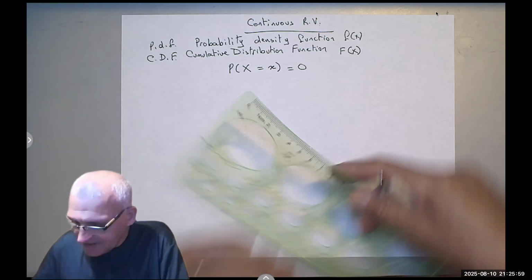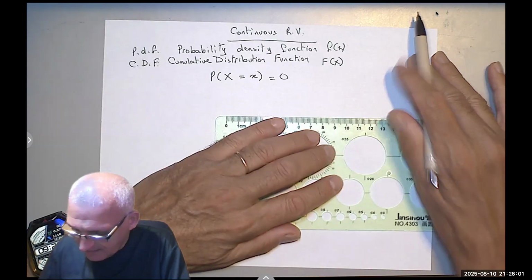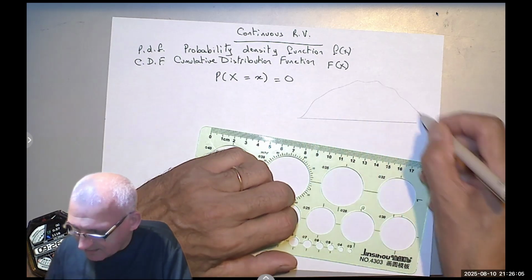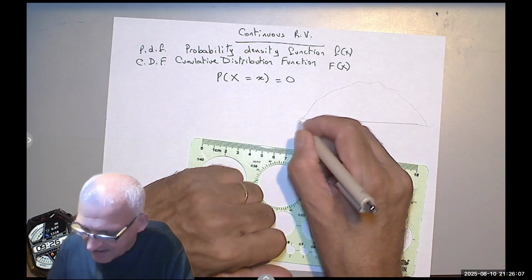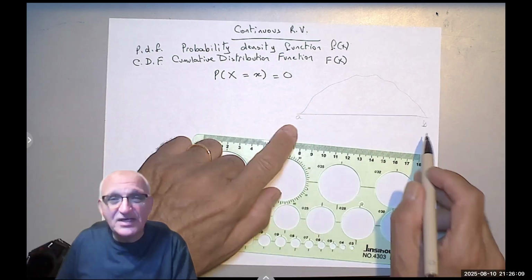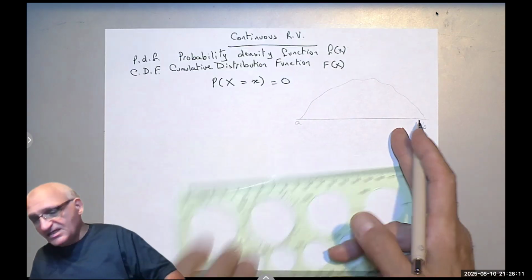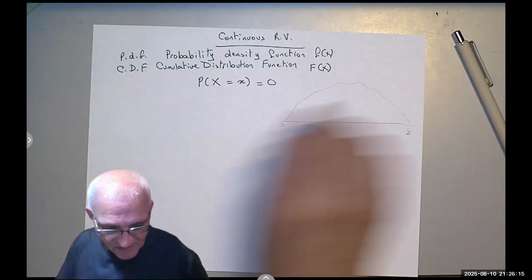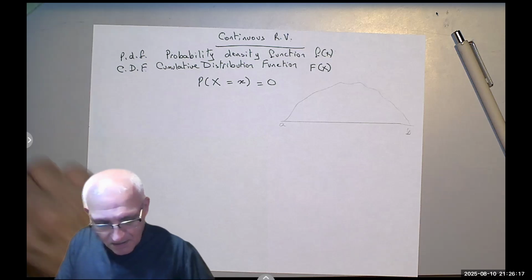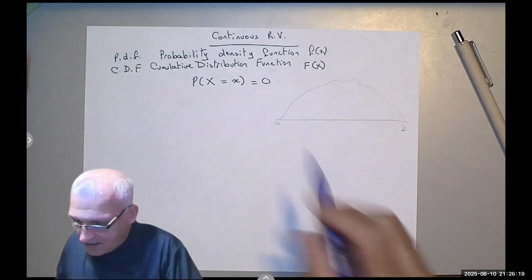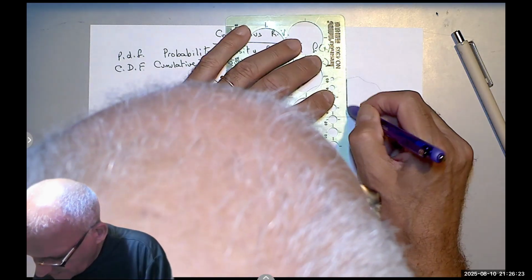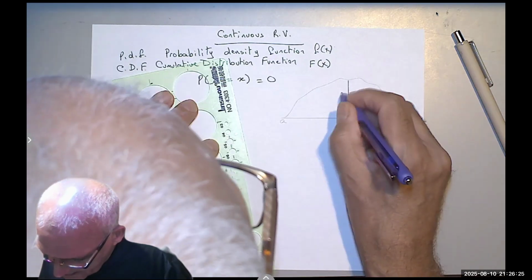Notice that the function that we draw can be anything. Let's say something that looks like that. And here is A, here is B. By the way, the domain may be finite like this case, or it may be infinite, going from negative infinity to positive infinity. Here, the height at any point is just the function f of x, right?